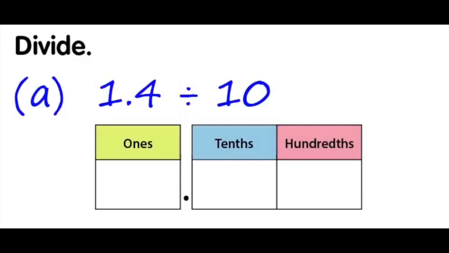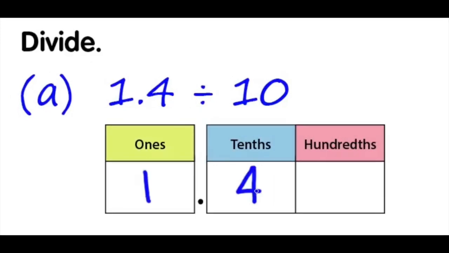Okay, we're going to start by dividing decimals by 10. So 1.4 divided by 10. Here we have our place value chart. We're actually going to start by putting the 1 in the ones column and the 4 in the tenths column. So you'll see that pop up here, 1.4.